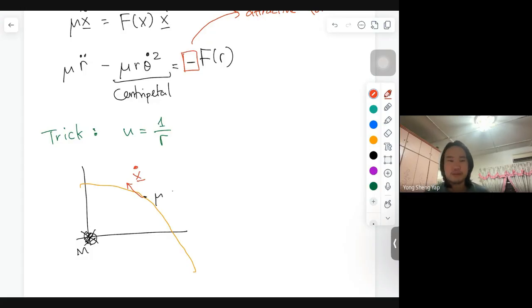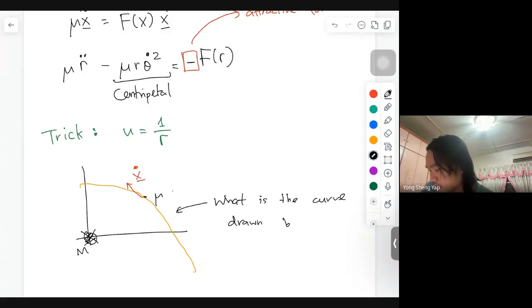The dynamics can be two things. It can be how the position of the reduced mass changes in time. Another thing we can try to do is to understand the curve: what is the curve drawn by mu? This is the question we're trying to ask in dynamics: what is the path traced by mu?